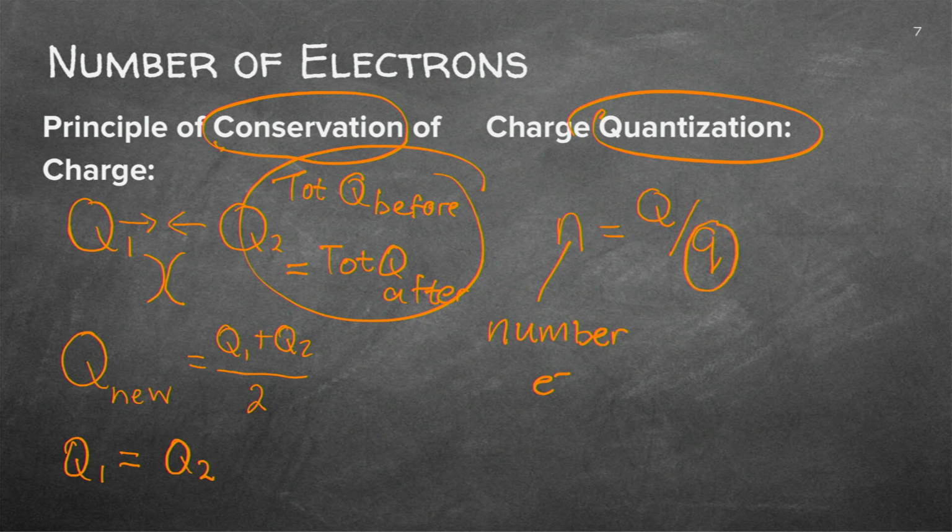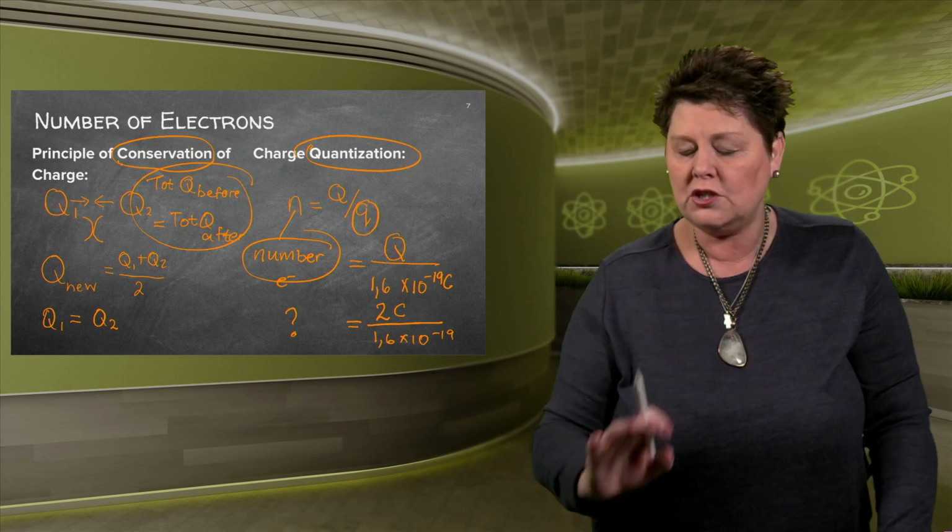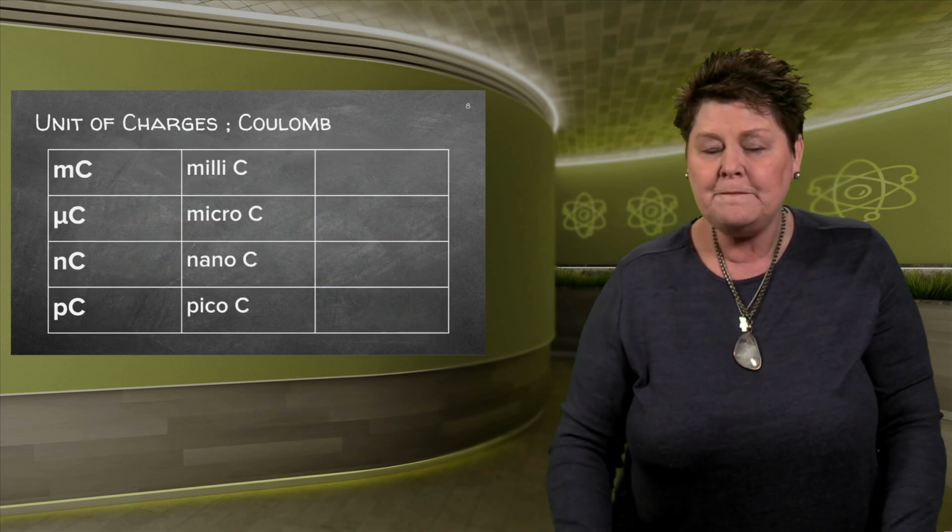This is the charge of 1 electron, and we just did that. This is on your information sheet, and that is the new charge. So if I tell you I want to know how many electrons are in 2 coulomb, you just divide that by the charge of 1 electron, and then you know exactly the number of electrons. That's on your information sheet. Just make sure that you utilize that.